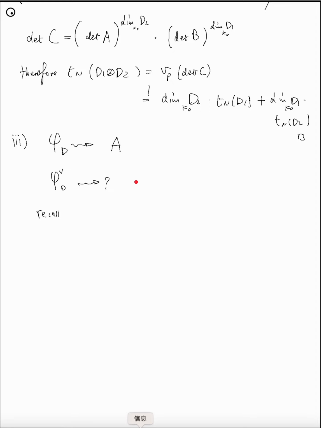So recall that phi du maps eta to sigma eta phi inverse.